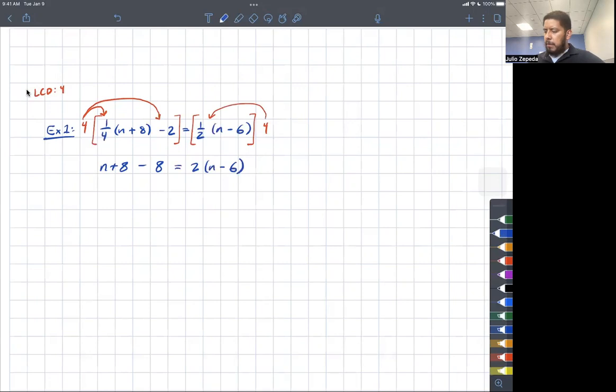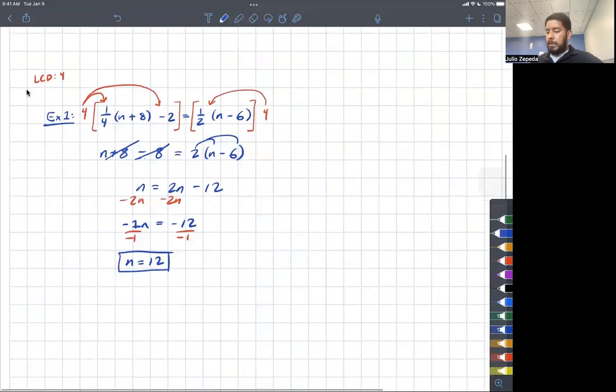And then we have the positive 8 and the negative 8, they cancel. So we get n is equal to 2n minus 12. And so subtracting the 2n on both sides gives us a negative 1n, which is equal to negative 12. And dividing by negative 1 gives us n is equal to 12.